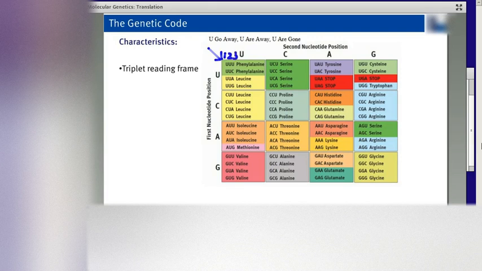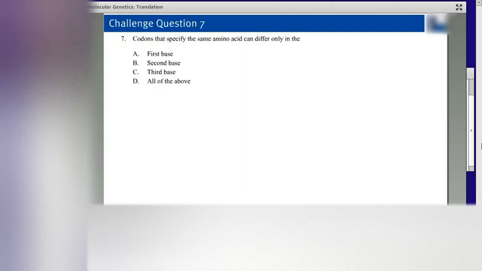So based on degeneracy, we're seeing that the 3rd nucleotide can change, but it will still produce the same amino acid, okay? So the 3rd one can change, which you can see all throughout this chart. First and second, not so much. So our correct answer here, as the majority of us said, but not quite all, is answer choice C.